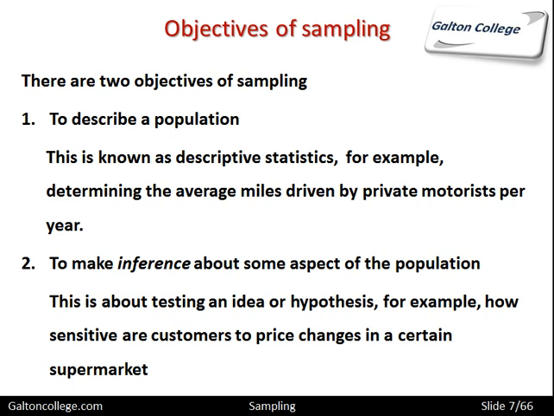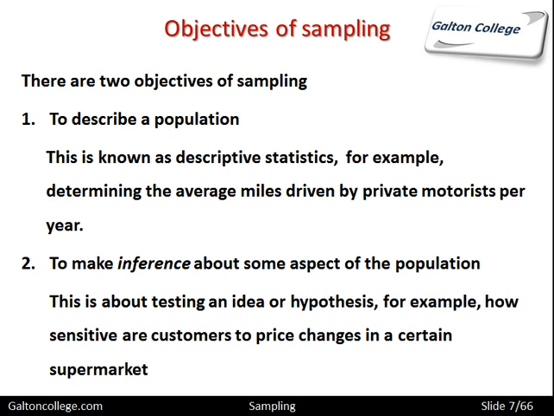Secondly, we use it to make inferences about some aspect of the population. This is about testing an idea or a hypothesis. For example, how sensitive are customers to price changes in a certain supermarket? So there may be a certain hypothesis based on some piece of theory or some conjecture of some person.